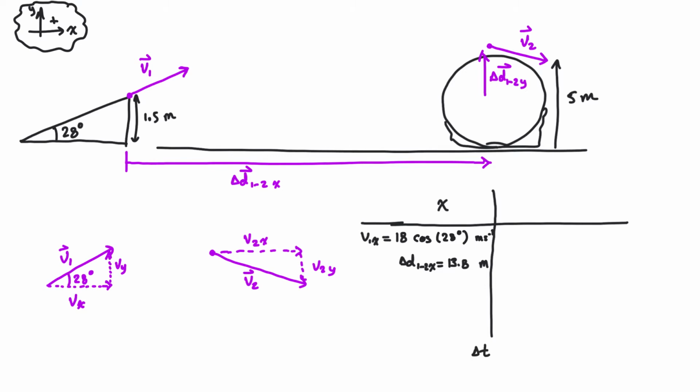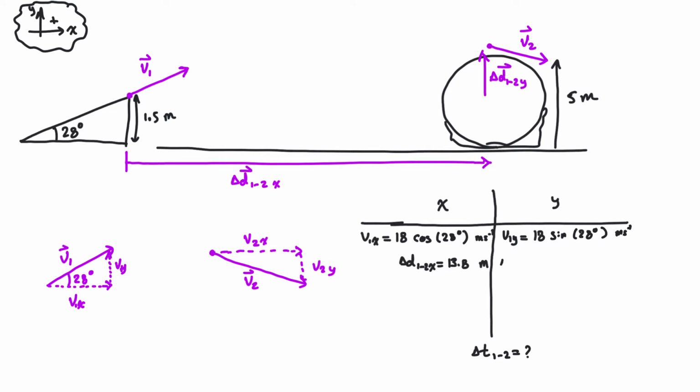And the time is going to be shared between both of them, so I'm going to put that here. In the y direction, I need v1y. For v1y, basically we have the magnitude is 18, and I forgot to label the ones here. It's the opposite to the angle, and therefore it will be sine of 28 degrees meters per second.